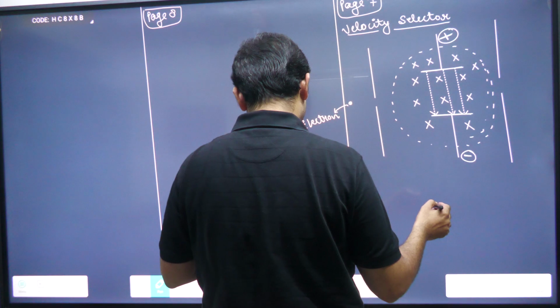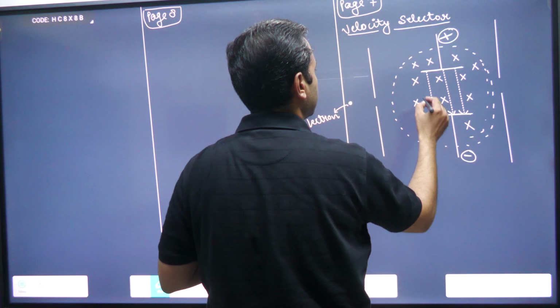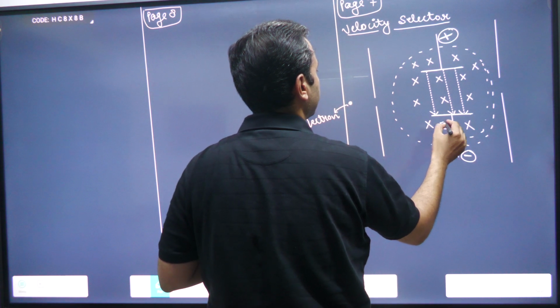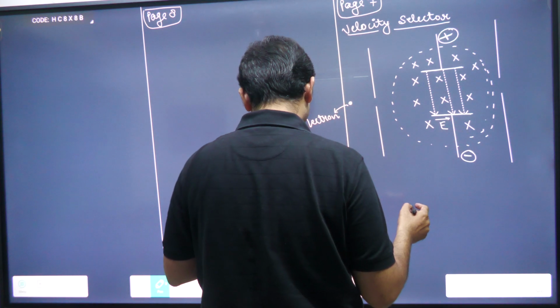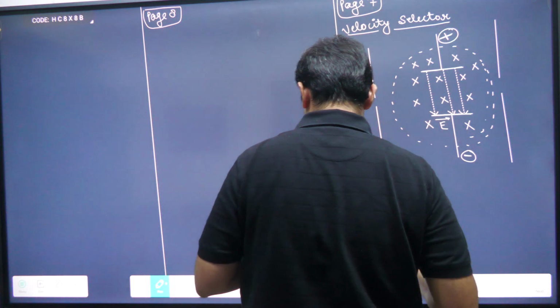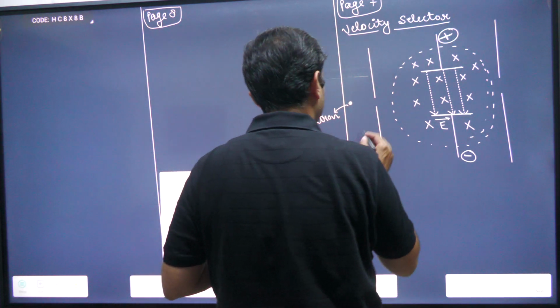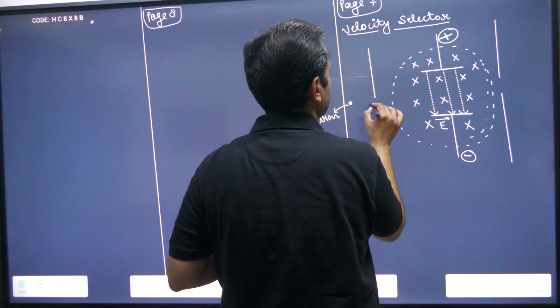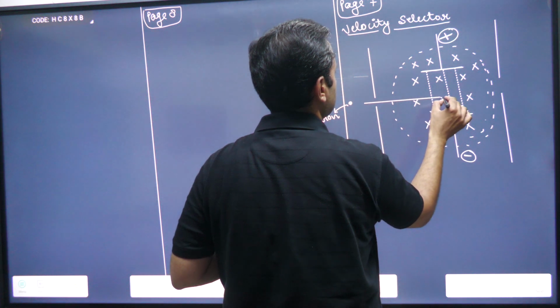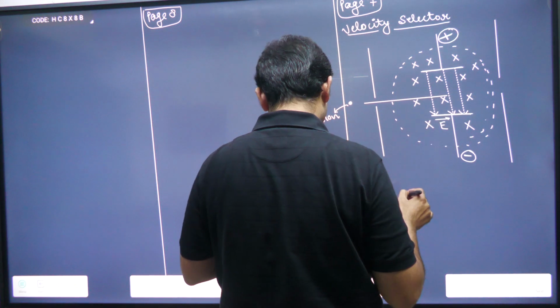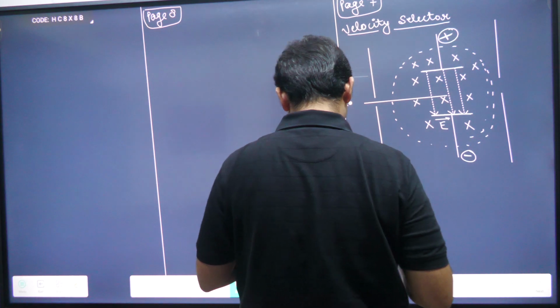Like this. So this is the direction of the electric field. Now let there be an electron which is moving with velocity v like this.